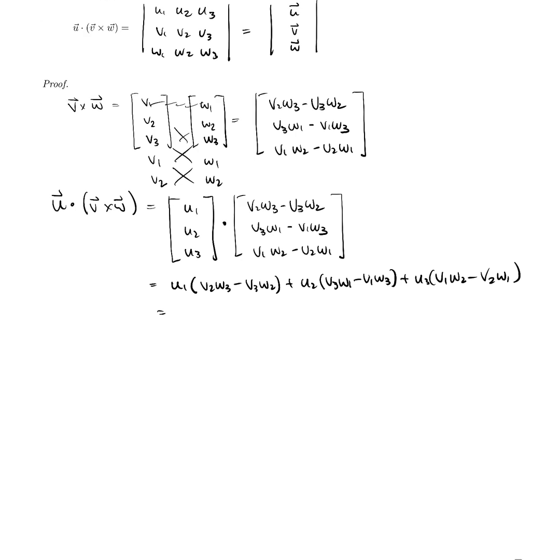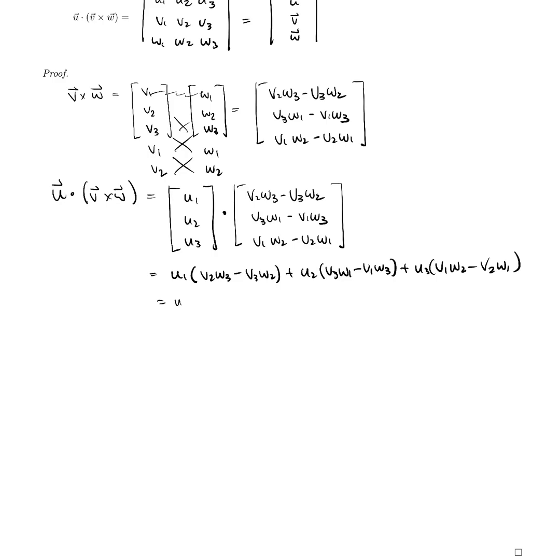Expanding all of this, we get u1 v2 w3 minus u1 v3 w2 plus u2 v3 w1 minus u2 v1 w3 plus u3 v1 w2 minus u3 v2 w1. So that is the expanded form of the triple scalar product.